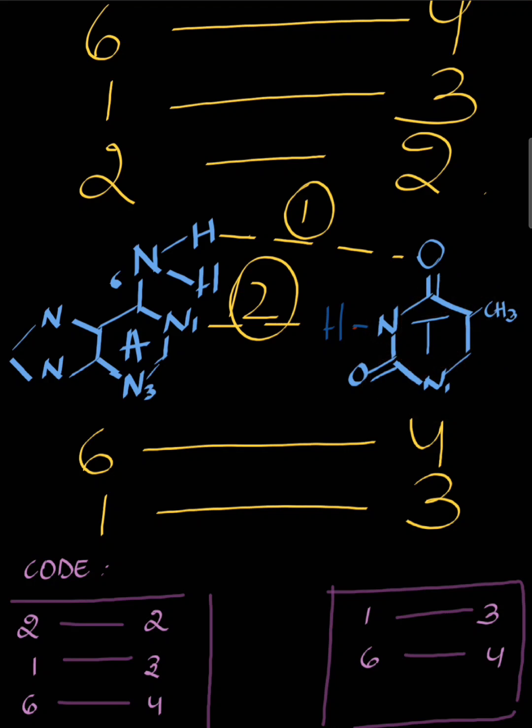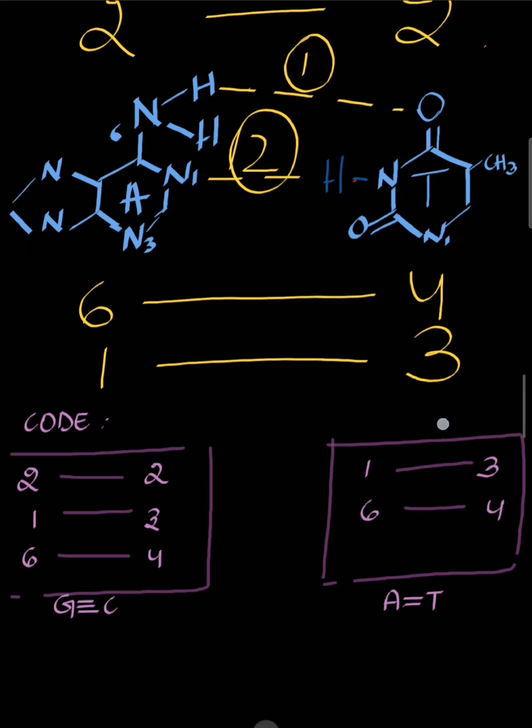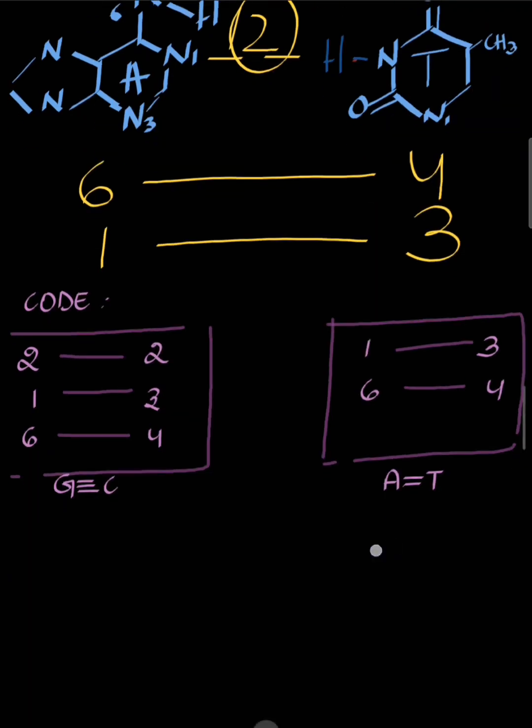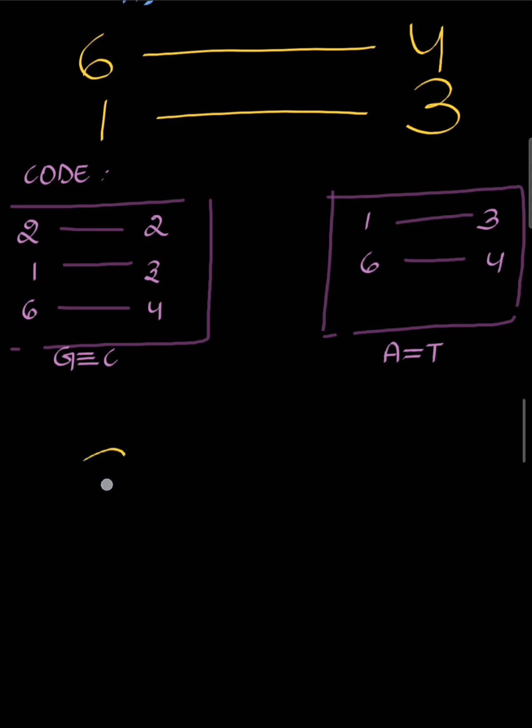So I want you to remember a code. If you ever get confused, you can always remember this code. That particular code is 2, 1, 6, 2, 3, 4.